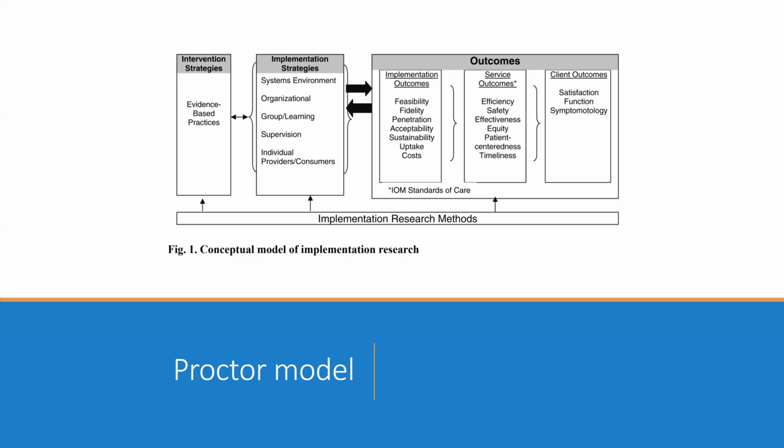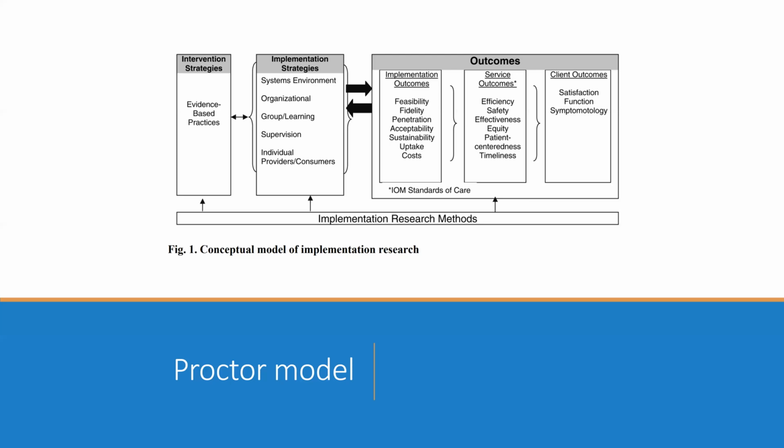And then what you do is you measure, does this actually get used? And so you have these implementation outcomes. Feasibility is, can we do it? Can we do this provider pharmacy relationship? Fidelity is, do they stick to the plan? Penetration is, does it reach everyone, or does it only reach specific types of people, like only people with really bad asthma get it, but everyone else doesn't? Is it acceptable?